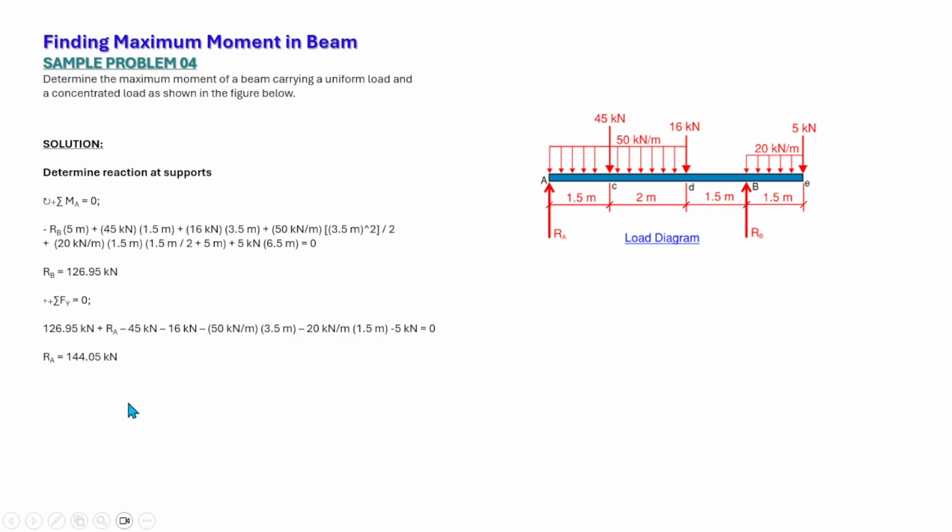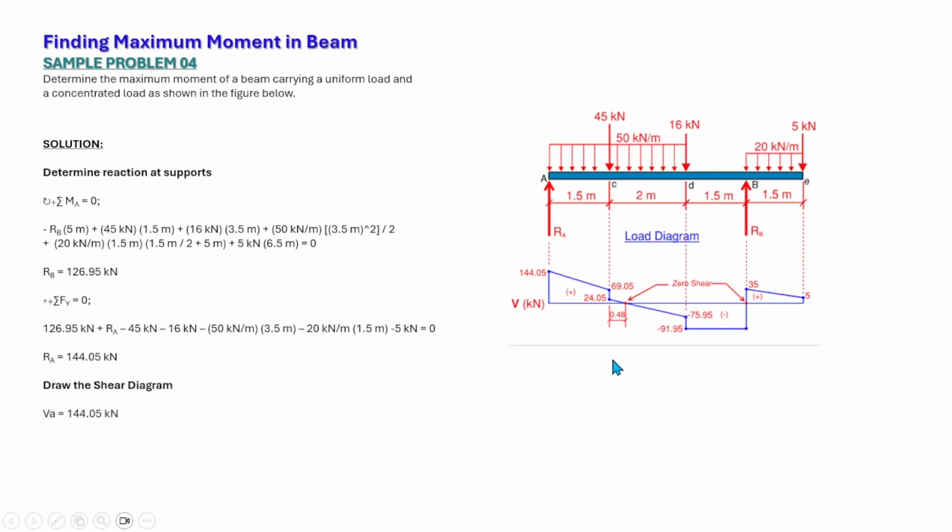Now, we have determined all the reactions at support. So we can now proceed to draw the shear diagram. So the shear diagram, we have here all these diagrams for the shear based on the loading scheme that we have. So let's break it up step by step.